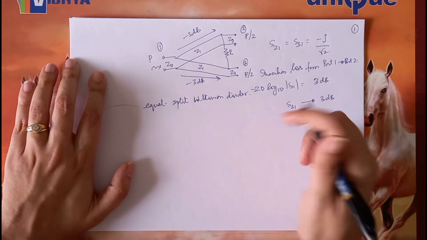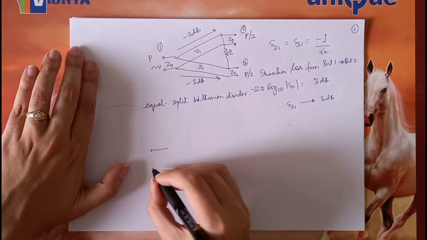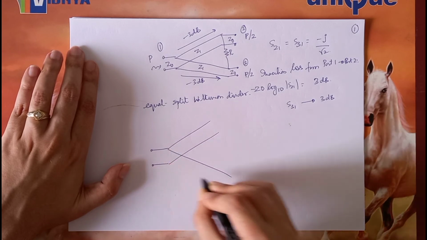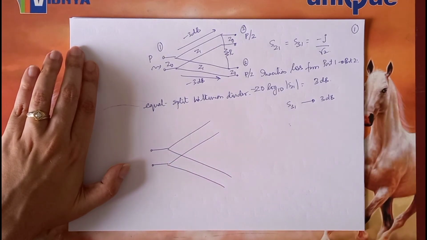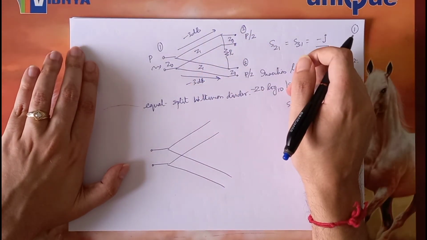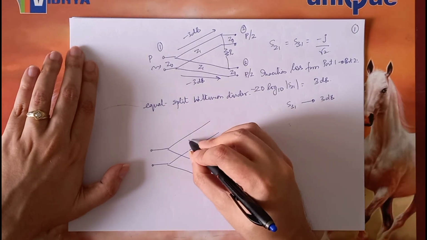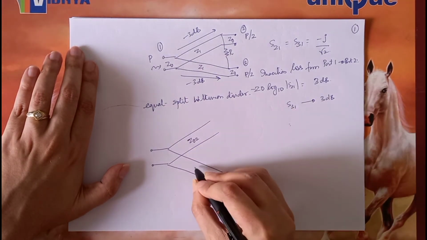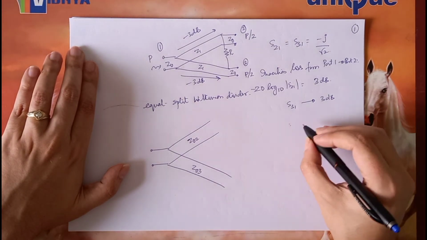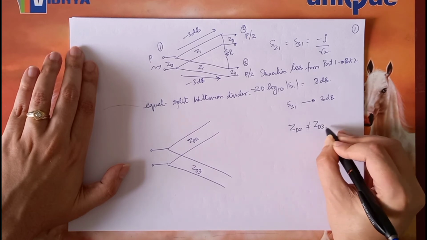So in that case, let us say I want to send more power to port 3. In case of the equal power divider, the arm impedances were both Z1. So let us now call these impedances Z02 and Z03. Now in general we can say for unequal split that Z02 and Z03 need not be equal.